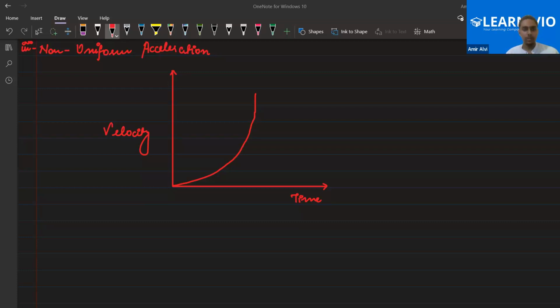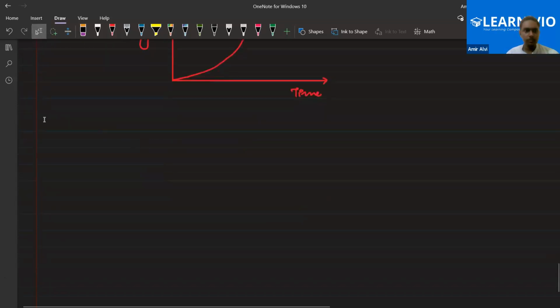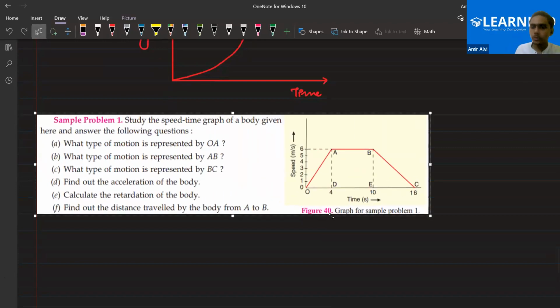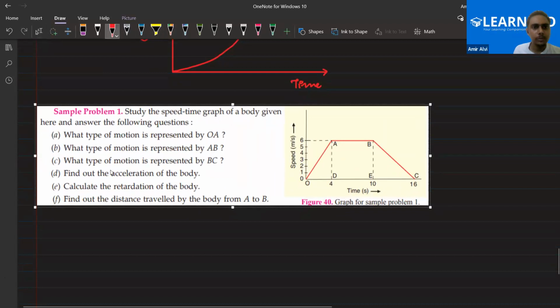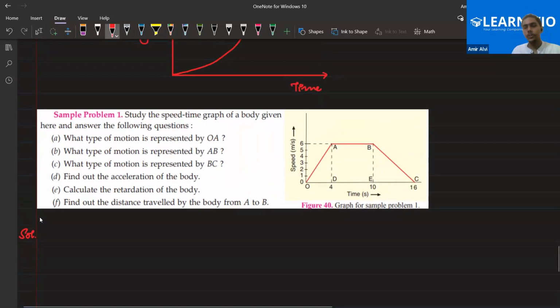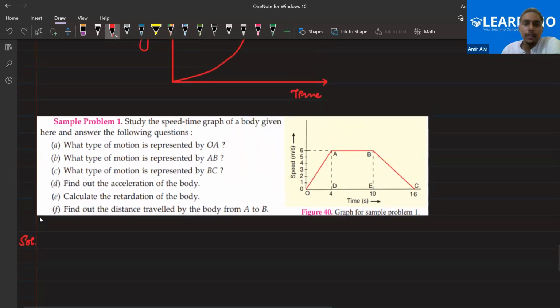So here is the question. Let's do it together. This is the sample problem. The question says, study the speed time graph.